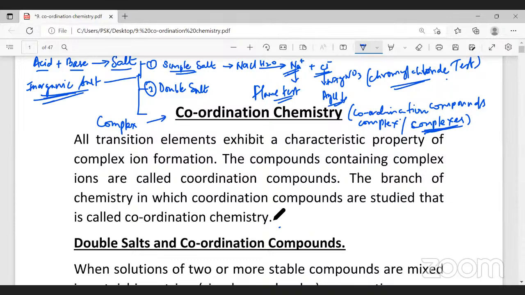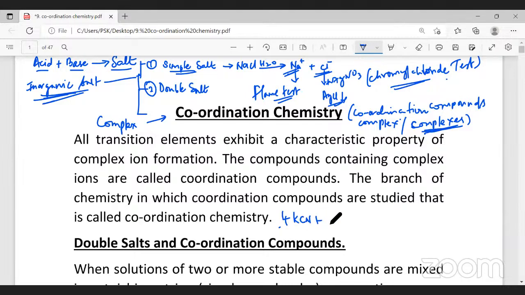Now, for an example, if I take potassium cyanide, KCN, in water, will it dissociate to give K plus and CN minus? Yes or no? Yes, sir. It is a simple salt.